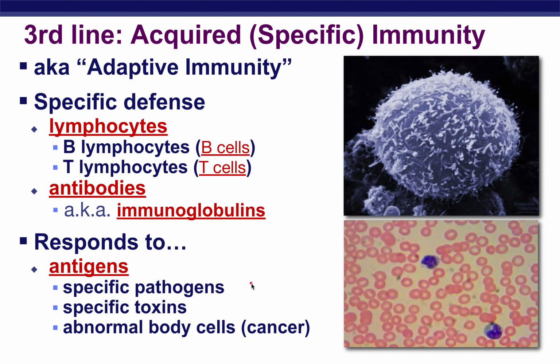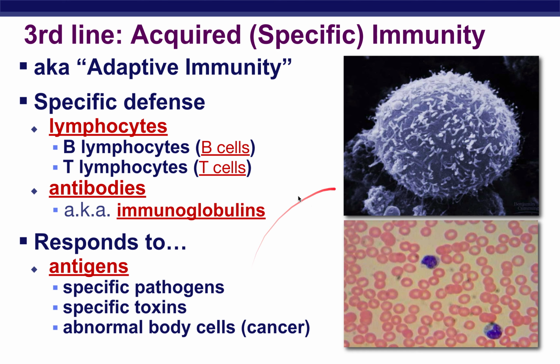Okay, so just to remind you about specific immunity, also known as acquired immunity, also known as adaptive immunity. These are specific defenses that are carried out by lymphocytes. Lymphocytes are special kinds of white blood cells that specialize in attacking an antigen.